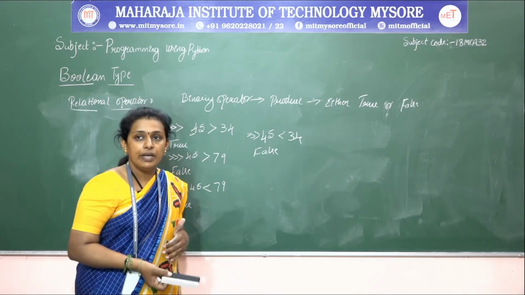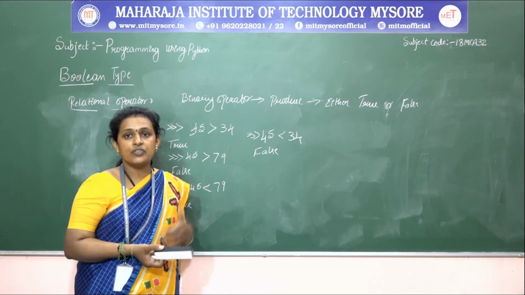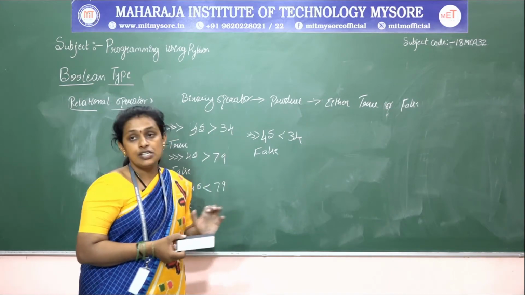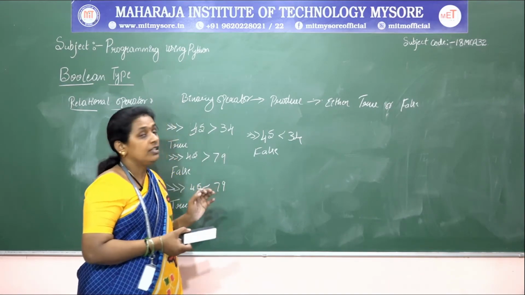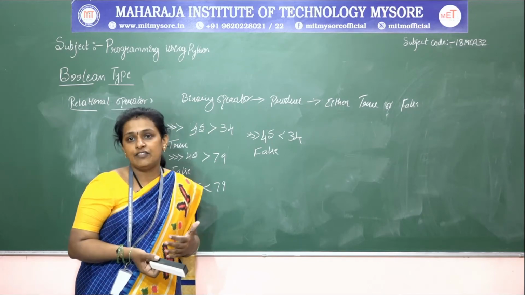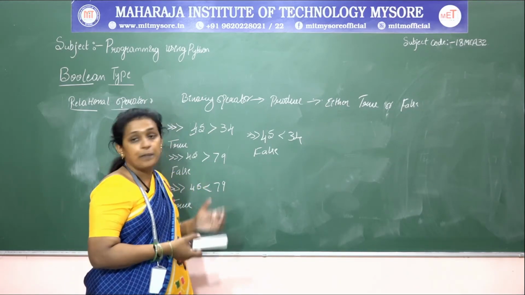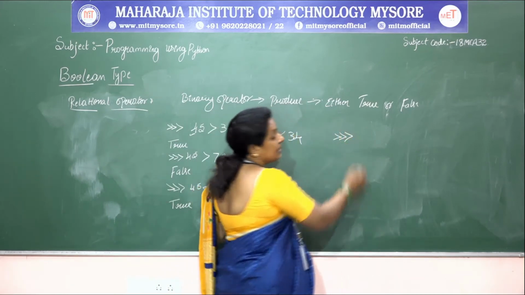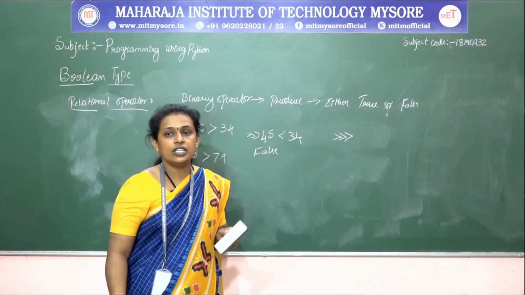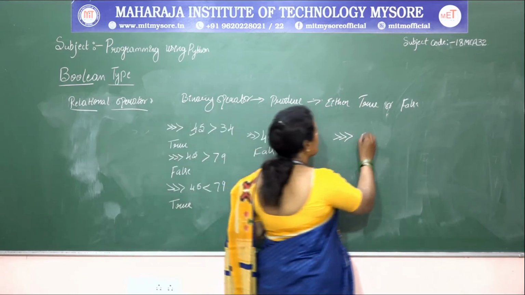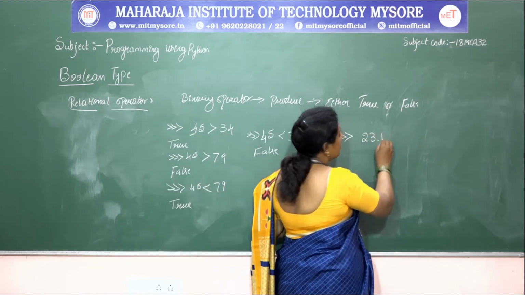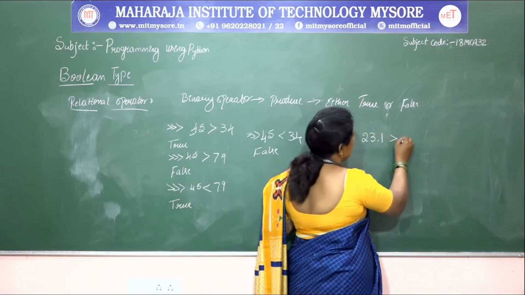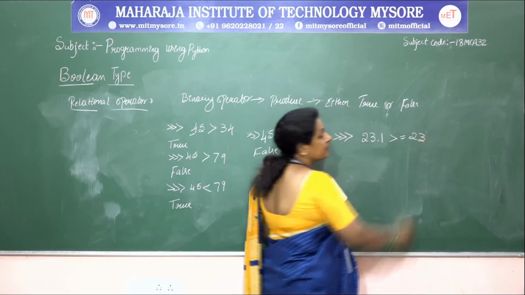We can compare integers to floating point numbers with any of the relational operators. By default, integers are automatically converted to floating point representations. Let's go with some examples comparing integer and floating point numbers. 23.1 is greater than or equal to 23.